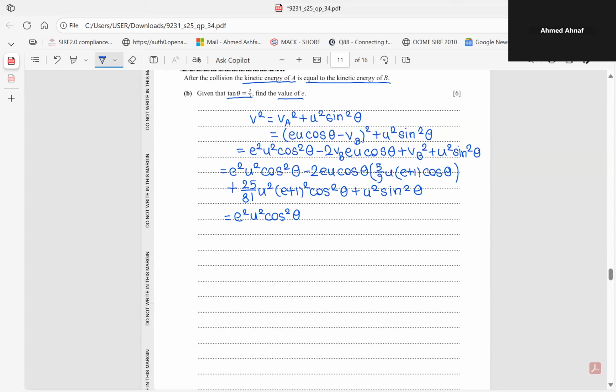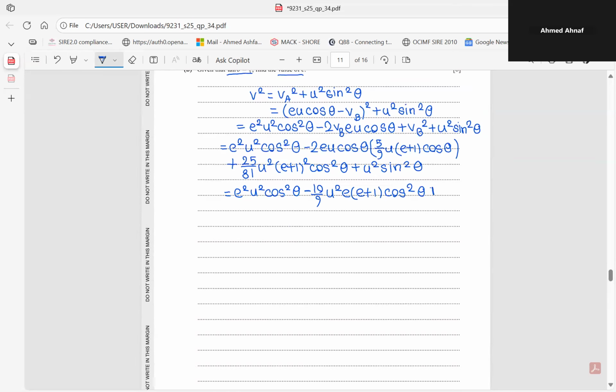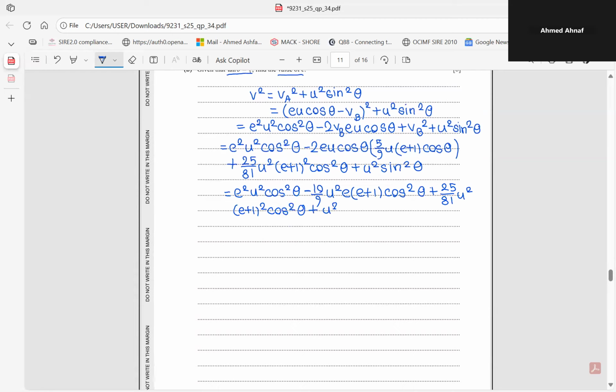So minus 2u times 5 over 9u, you would get minus 10 over 9 u squared, and then e times (e plus 1) cosine squared theta, plus 25 over 81 u squared (e plus 1) squared cosine squared theta, plus u squared sine squared theta.